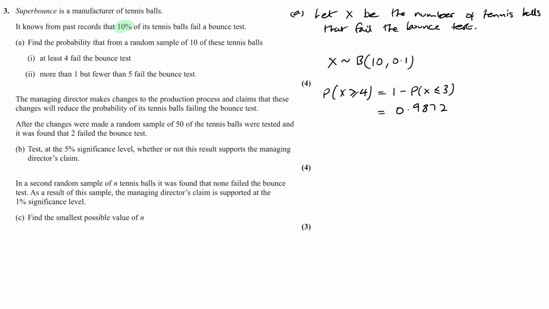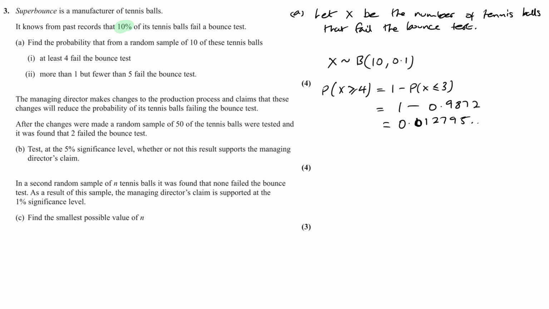I've missed the 1 minus. 1 minus, that's better. In my calculator, I often just store it as alpha A. So 0.012795 and so on. We'll do 3 significant figures here, so 0.0128. And that was the first part of A.